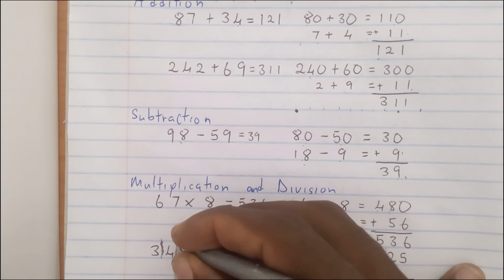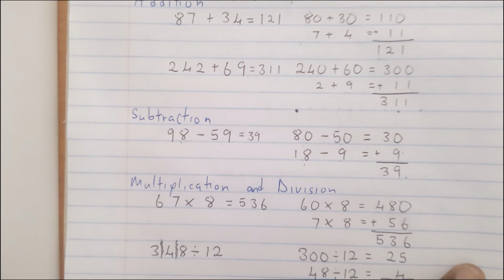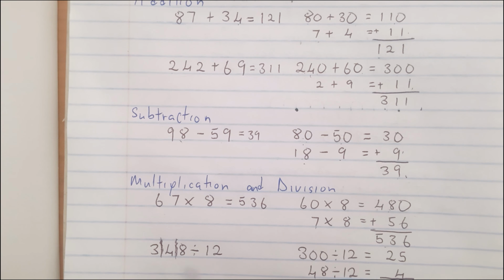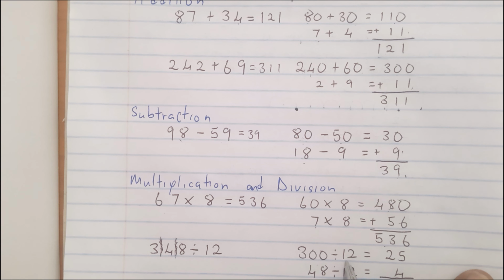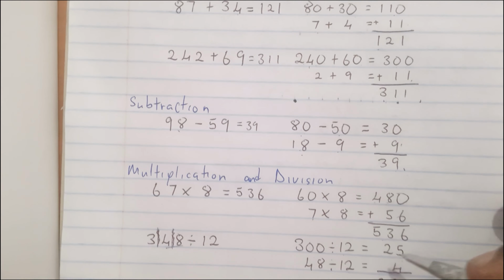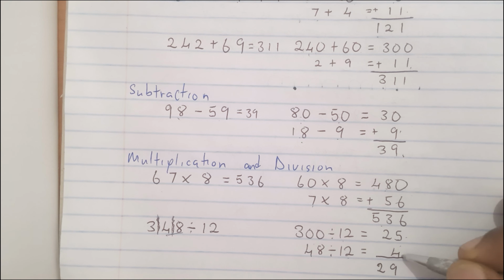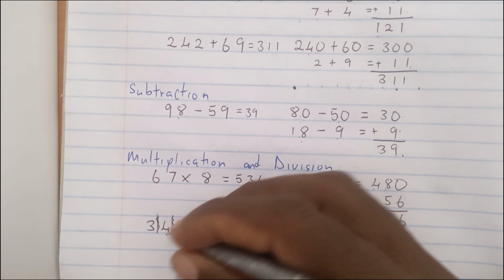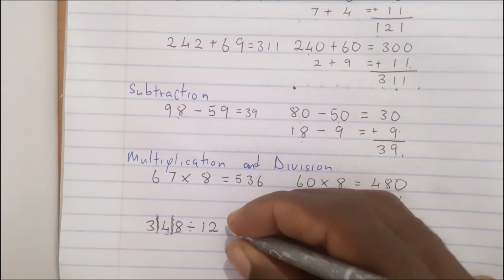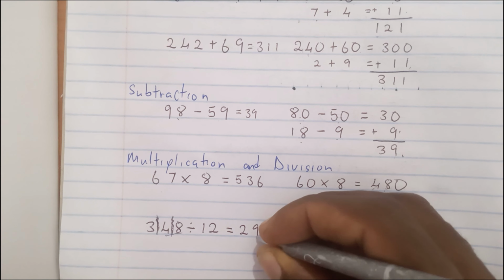But the first one is more likely to work. So let's see how I have partitioned it. I've partitioned it so that I have 300 divided by 12, which gives me 25, and 48, because 48 is a multiple of 12. 48 divided by 12 gives me 4. Then when I add 25 and 4, I get 29. And so 348 divided by 12 is equal to 29.